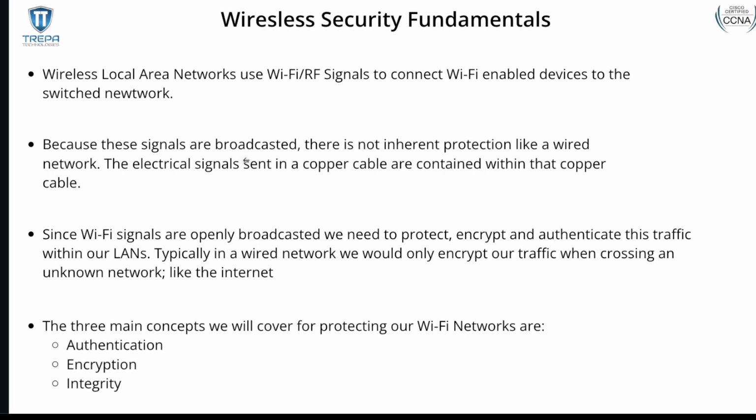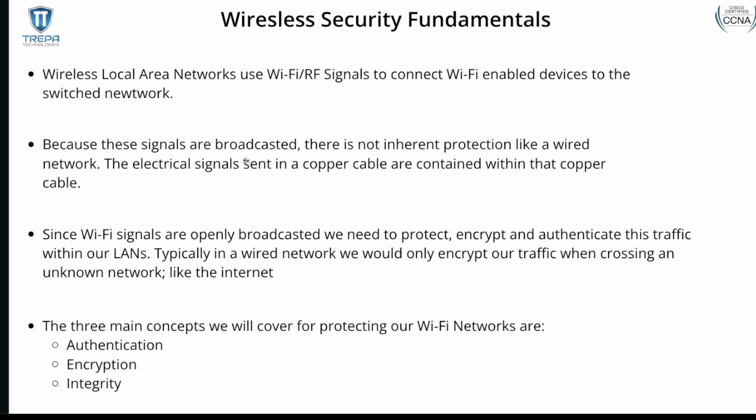Why is that different than Wi-Fi and wireless networks? Because without encryption, without authentication, our SSIDs and our wireless LANs are being broadcasted. And anybody with an antenna that can receive Wi-Fi signals within their frequency range, 2.4 gigahertz, 5 gigahertz, and the proper channels, they can receive the traffic and can listen in on all the data being sent back and forth between client and access points.